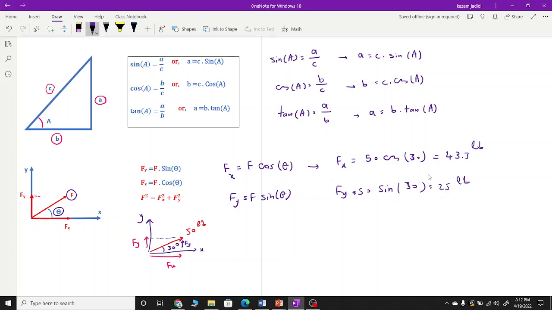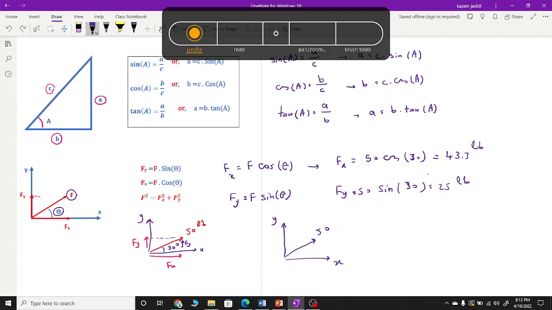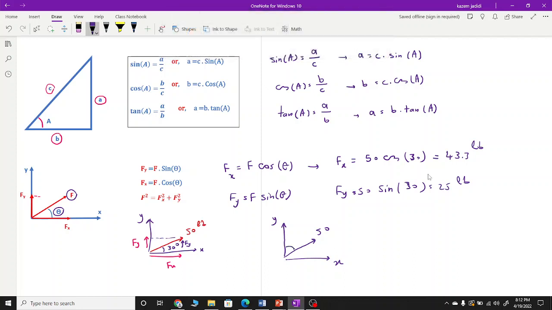One point I want to mention in here is this. Sometimes in examples or for the exams, you may see F is equal to, for example, 50, but instead of having this angle, you may be given this angle. For example, this angle is 30 degrees. Then Fy is adjacent to it.